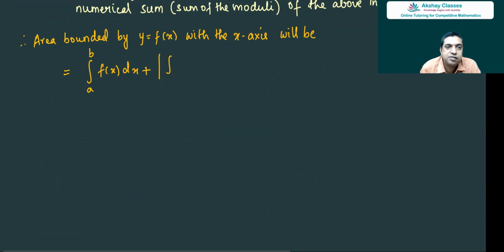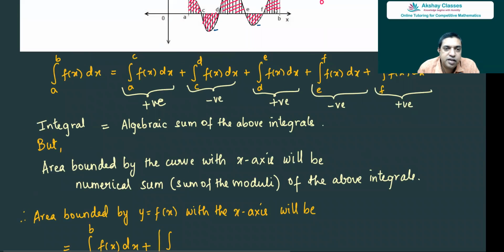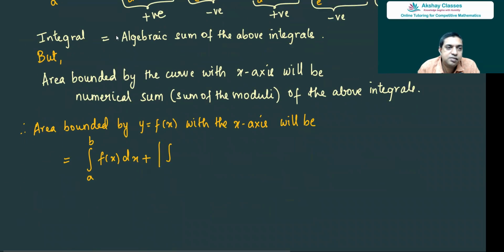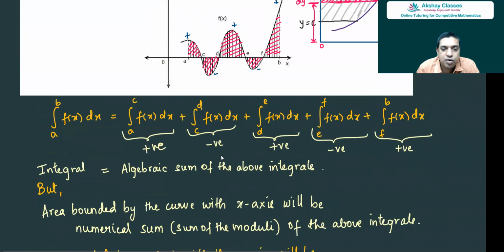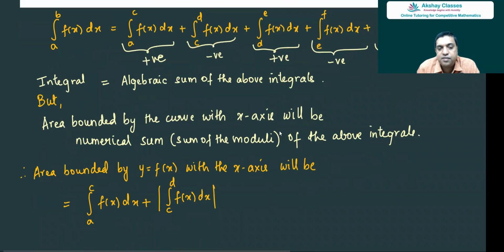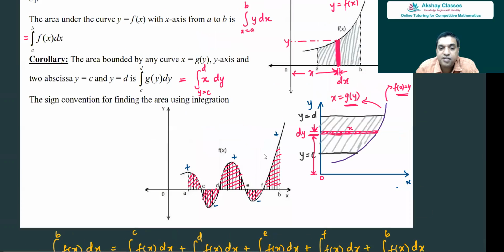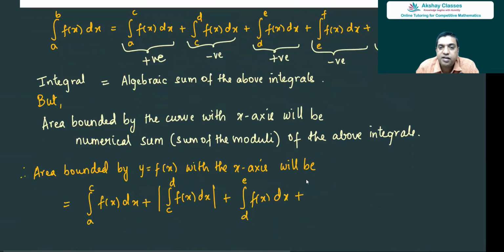Sorry, this a to c f of x dx and then c to d f of x dx modulus. D to e is positive, so maintain the positive sign. So even if you take modulus, it doesn't matter. Now e to f is negative. This portion integral is negative, but area we have to add up.